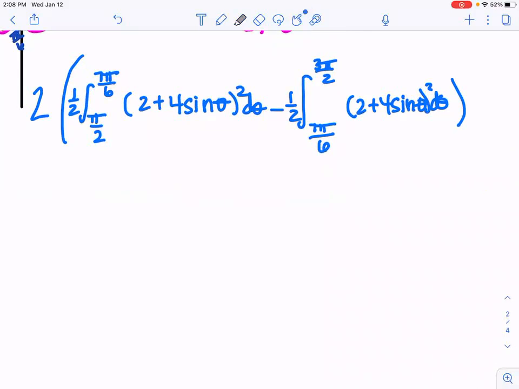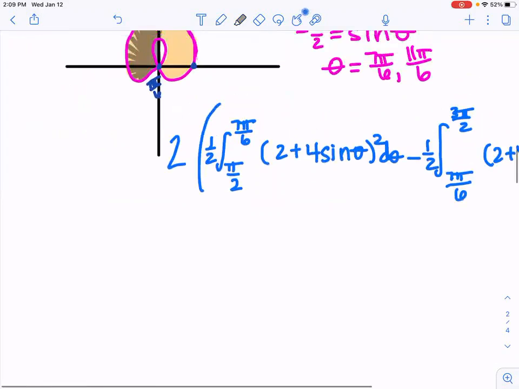Wait, why is this line from 7 pi over 6, and shouldn't it be 11? Or you could do 11 pi over 6 to 2 pi. It's half of the loop. Why is it 7 pi over 6 to 3 pi over 2? So 7 pi over 6 is where the loop begins, and 3 pi over 2 would be halfway through the loop.